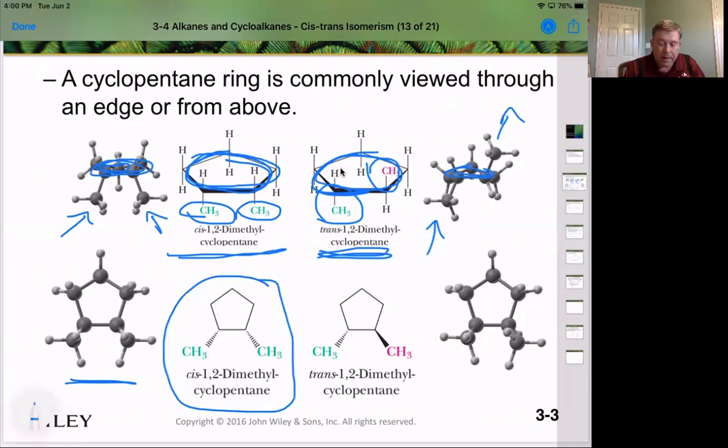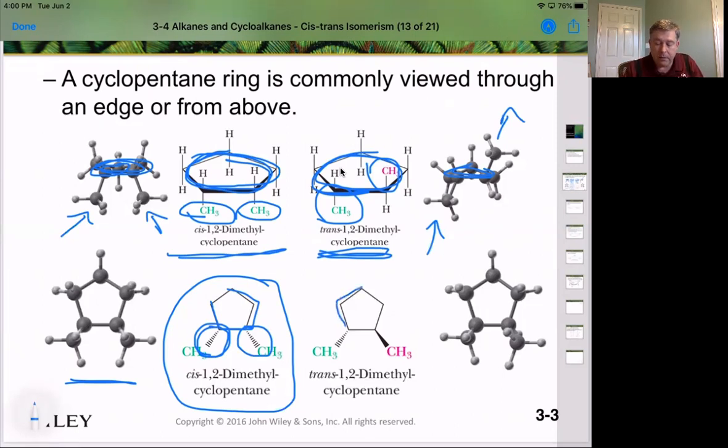By showing them with this dashed wedge, it's showing that both of those groups are going down into the paper, in the same direction, which tells us we have the cis configuration.